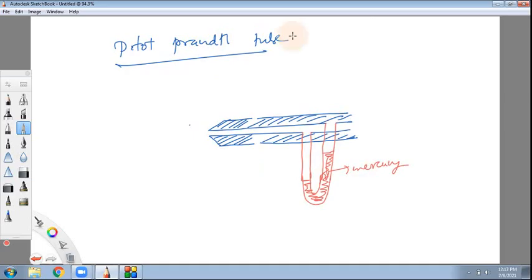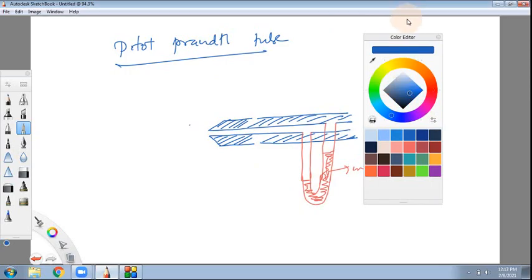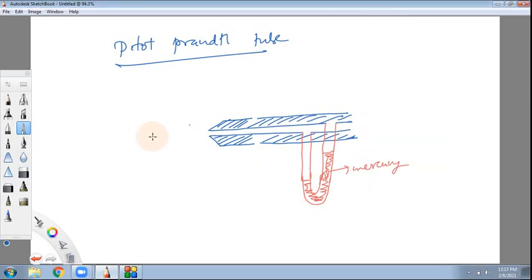So what is happening here, when you put this inside a moving fluid, in a river let us say. The river water is coming, so the river water will go upside around the tube and go downside around the tube, and here is the stagnation point.